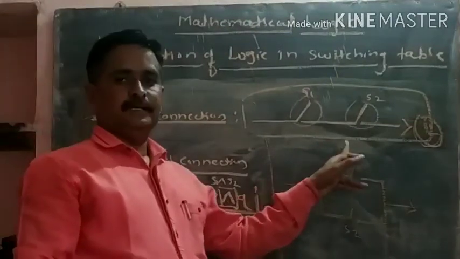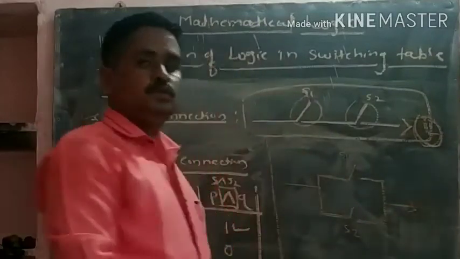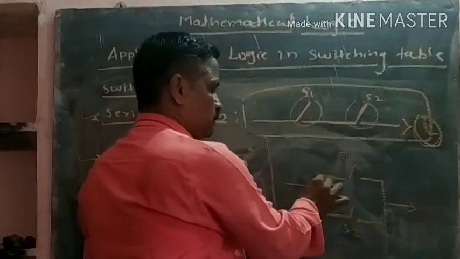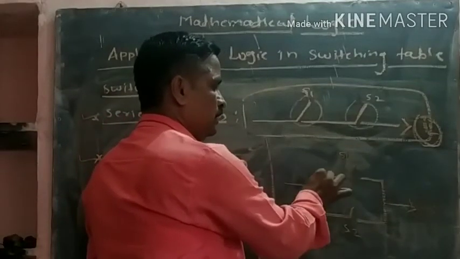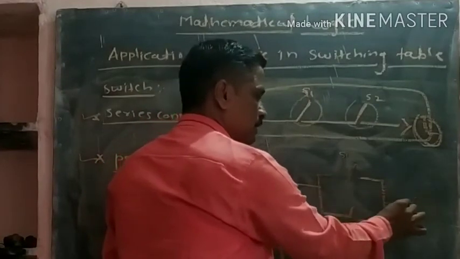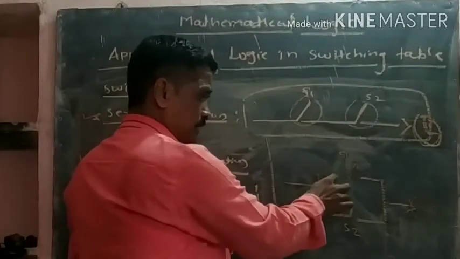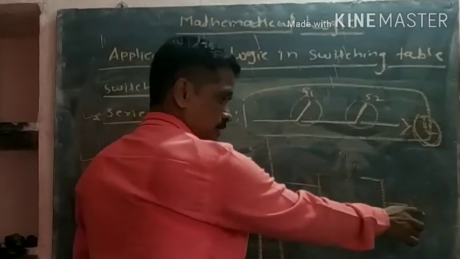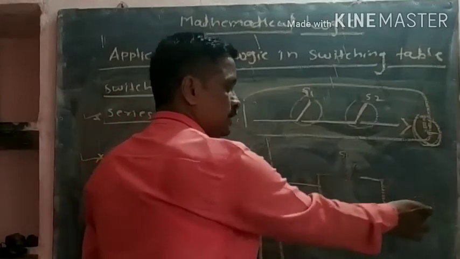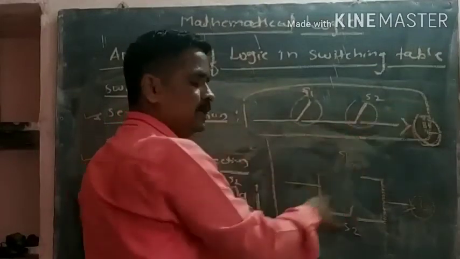If we have two statements S1 and S2, what is the chance for the light to glow or the current to flow? Observe, if S1 is closed and S2 is open, then current will flow. If S1 is open and S2 is closed, then current will also flow.